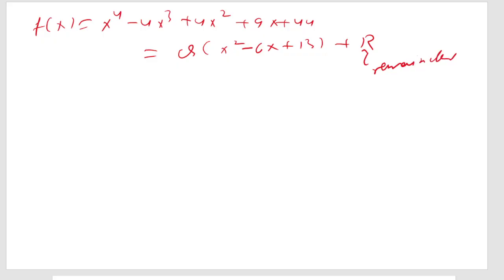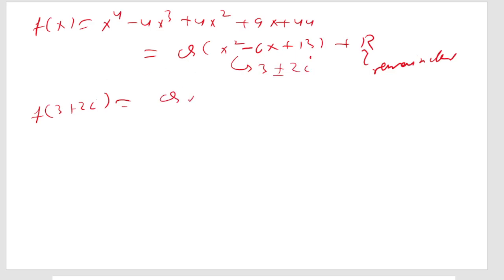If I ask you what is the value of f at 3 plus 2i, obviously if I substitute 3 plus 2i here, I will substitute it here also. We already know that x square minus 6x plus 13 has root 3 plus 2i. That means if I substitute in this expression, it becomes 0.